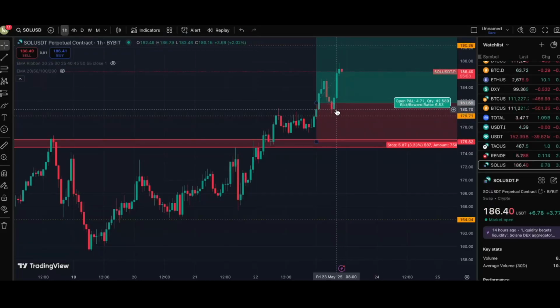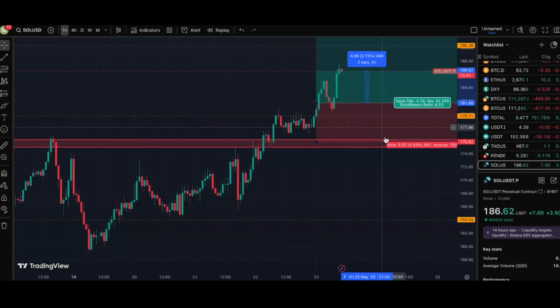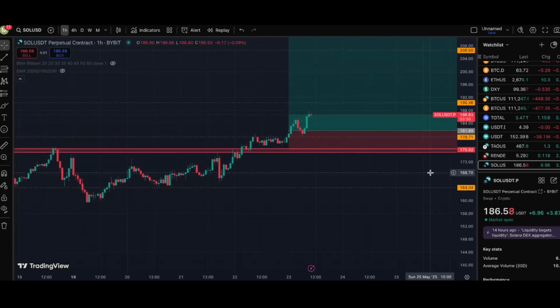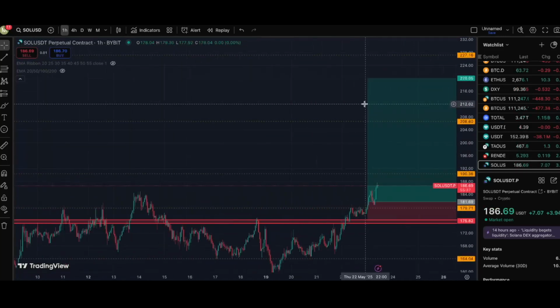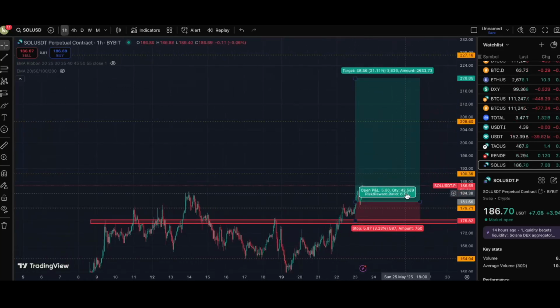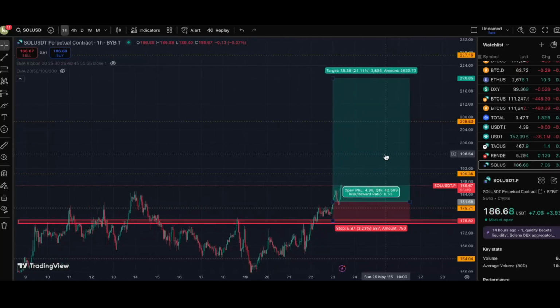So if you entered a little bit later than the post, you could have had a way better entry. Now we are up 2 to 3%. Quite nice. The first take profit zone we already hit. And the main target remains 220. That's my main target, where I will definitely close my Solana position. On the way up, I will take some profits, like every $5 to $10.